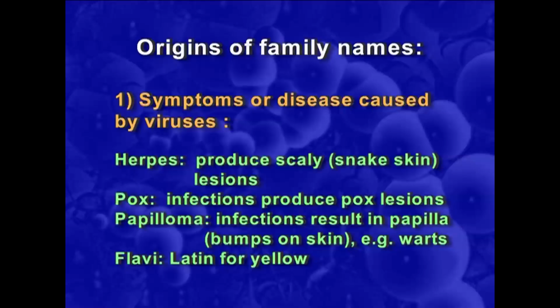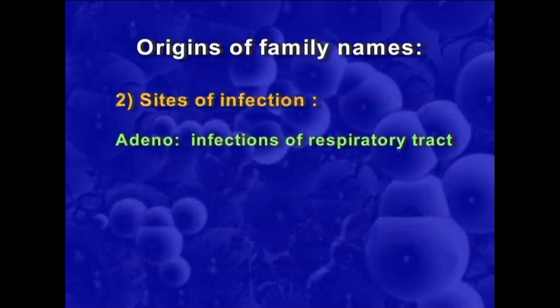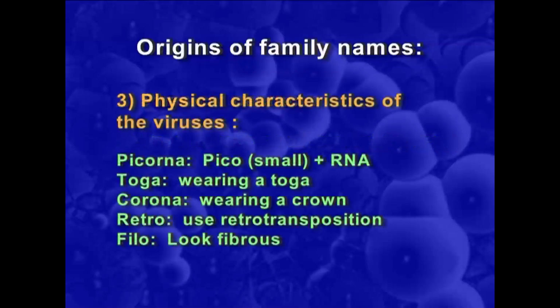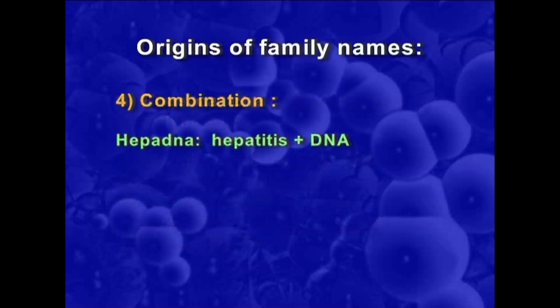Number 1 is the type of disease that the virus causes. Number 2 is the site of infection of the virus. Number 3 is the physical characteristics of the virus. And finally, the combination of all these 3 features. So, the selection of the family was done on the basis of all these 4 features.